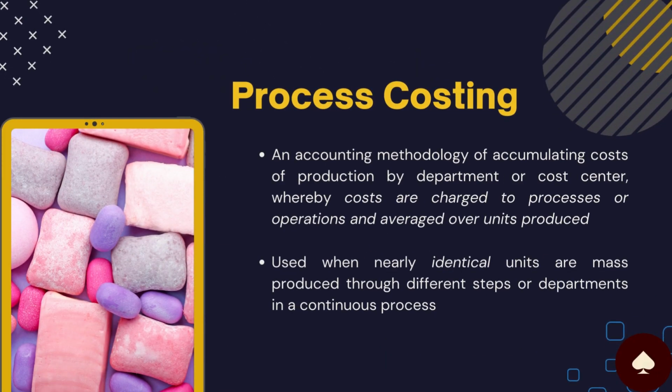Process costing is an accounting methodology of accumulating cost of production by department or cost center, whereby costs are charged to processes or operations and averaged over units produced. To make it clearer, process costing is a system applied to allocate the total production cost to homogeneous or identical units, produced in mass or large numbers, just like chewing gums.